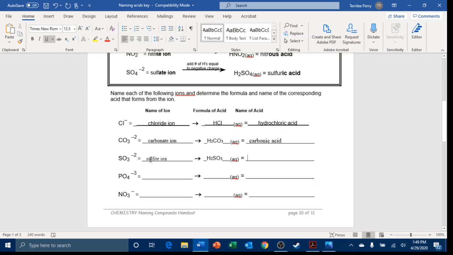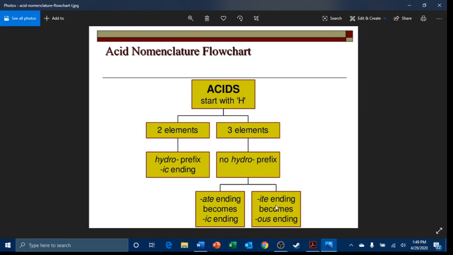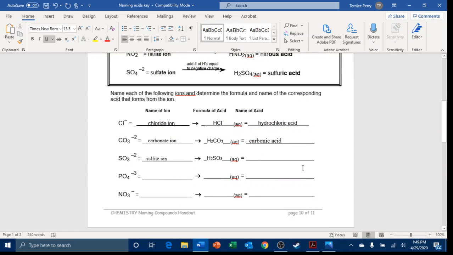So sulfite, if it's ite, it goes to ous. Okay? So this one's going to be sulfurous acid. So that one's a little different, but it's pretty much the same thing. If you said sulfus, I would take it.